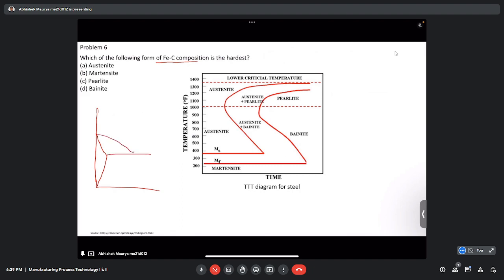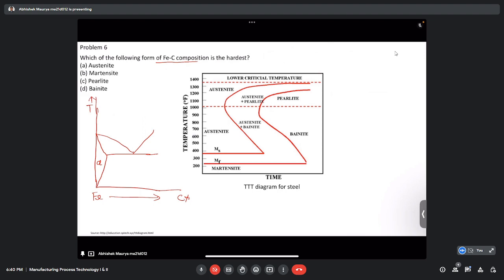Something like this, I am drawing just part of it. Here in this direction we increase the percentage of carbon. This is the temperature, and this is the alpha ferrite.